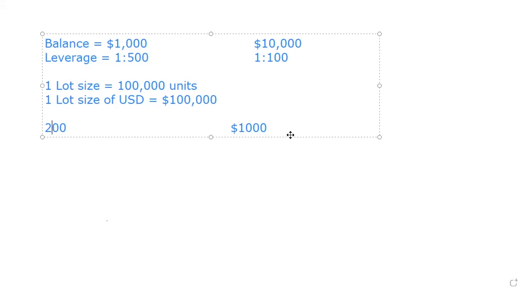In fact, let me tell you this: if you are making losses, your equity will always be less than the balance. If the trade you are currently running is in loss, your equity will always be less than your balance. But if the trade you are currently on is in profit, your equity will be more than the balance.